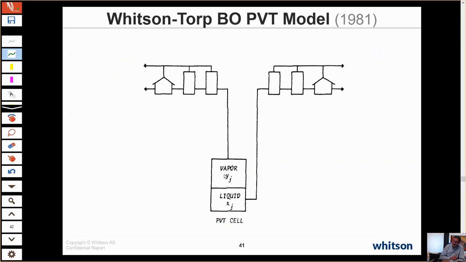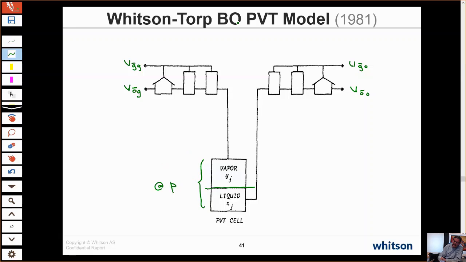Now, let's just take this more generic version of this. So we need this at many different pressures.